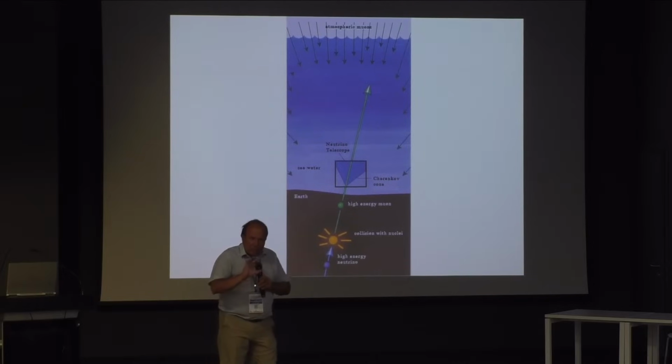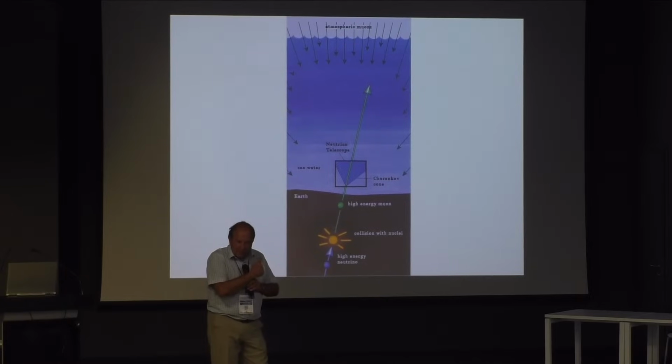So I have to be able to discriminate between these 1 million muons that are coming from the atmosphere, and they are not signal, they are noise, and only one muon that is coming from the bottom, and it is the signal I'm looking for.